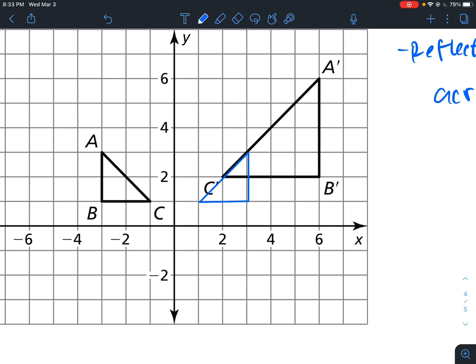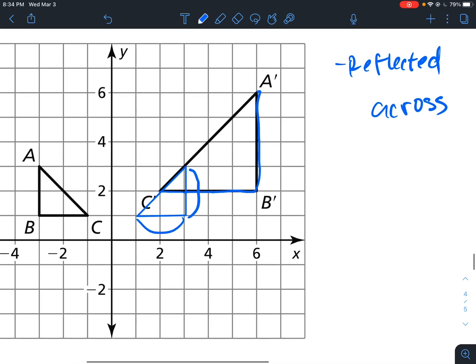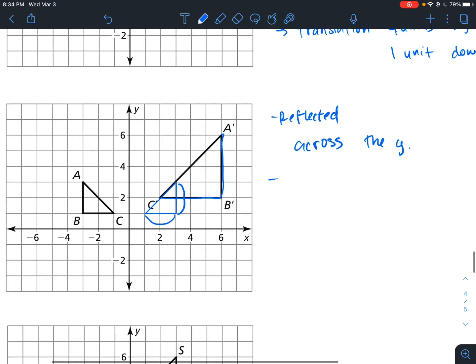Now notice that my figure is larger. So this right here is 2, and this is 2 right here. And this right here is 1, 2, 3, 4, 1, 2, 3, 4. So obviously it's a dilation by a factor of 2.